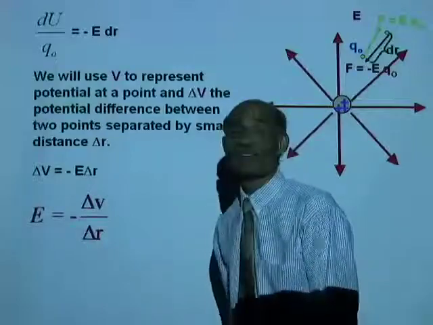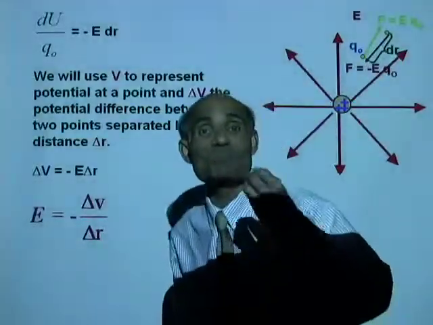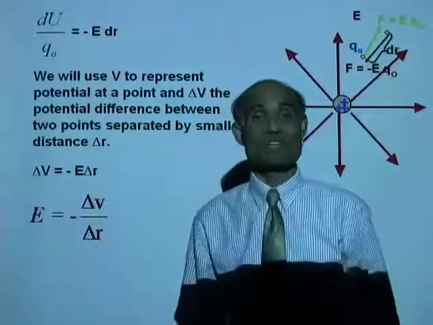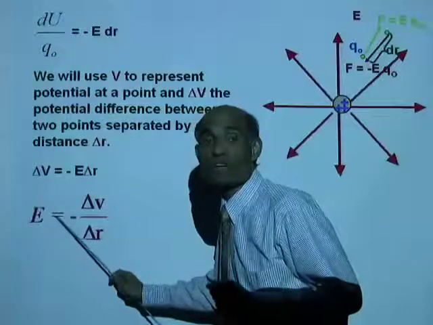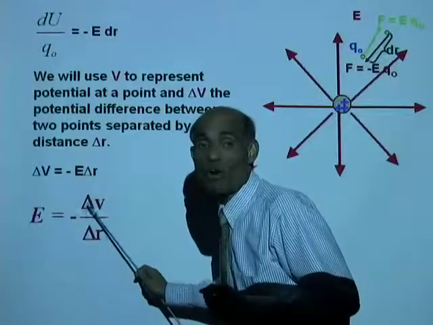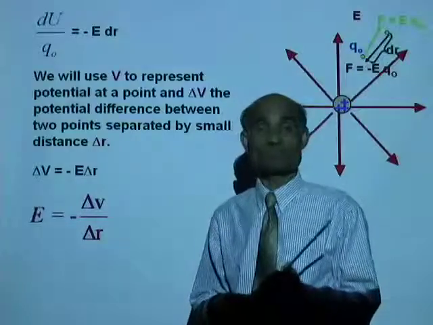Or E, electric field, can now be defined in terms of the potential difference. A very important concept again. E, the electric field, is negative of delta V divided by delta r.